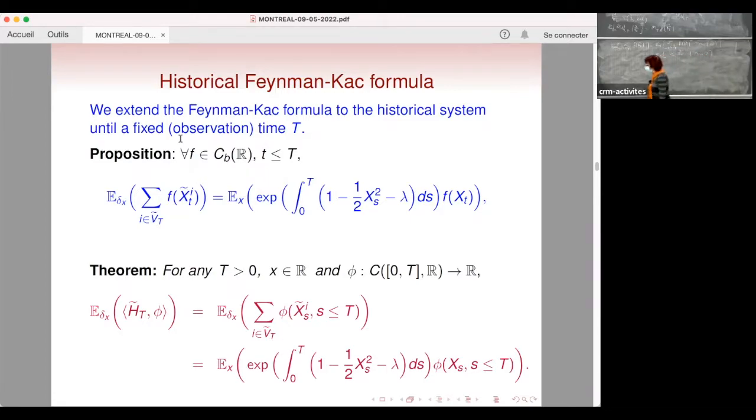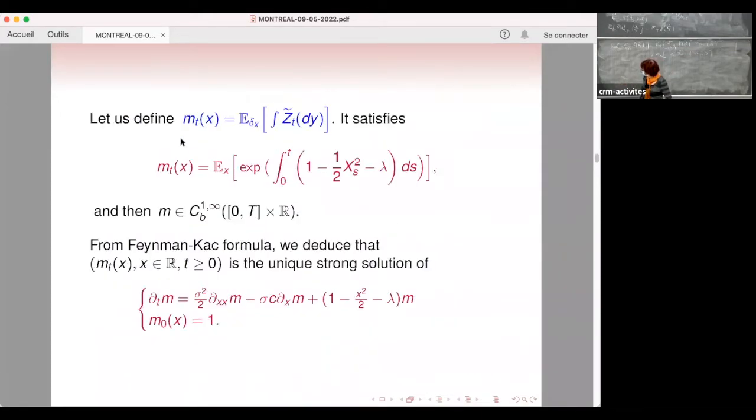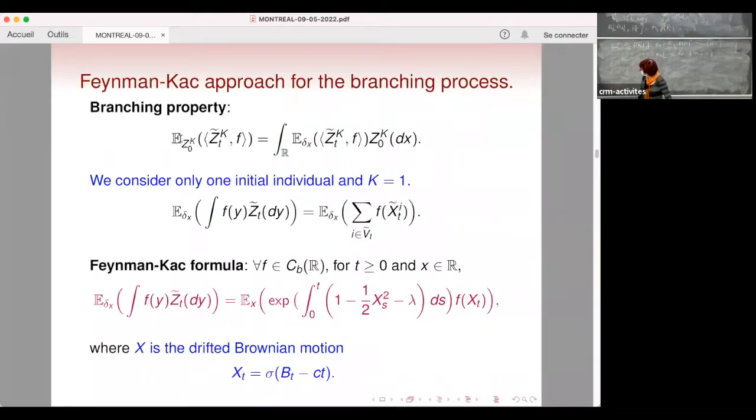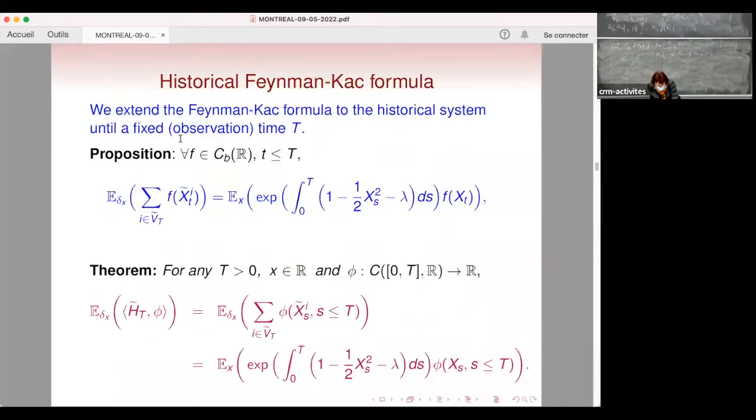But now we can use the Feynman-Kac formula, the initial Feynman-Kac formula, since we have exactly this expression with f replaced by f times m capital T minus t. Okay, and so we can write that it is, sorry, here we have delta x.